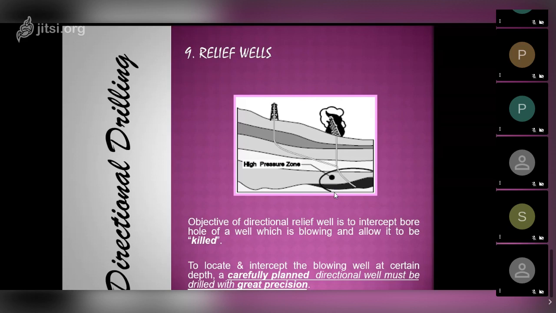There are multiple parameters with the help of which we can say that this is a kick. Once we get the kick indication, we have to react immediately to make sure that the reservoir pressure is not entering the wellbore. So basically what we do is increase the mud weight.